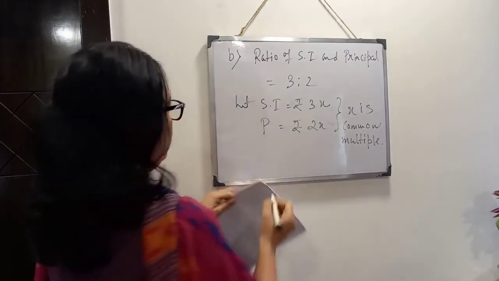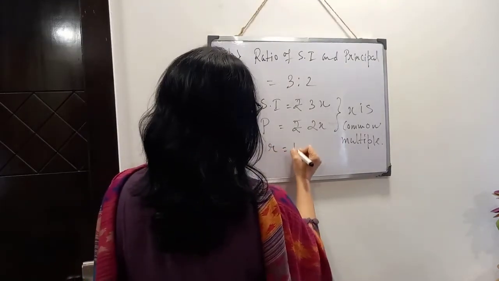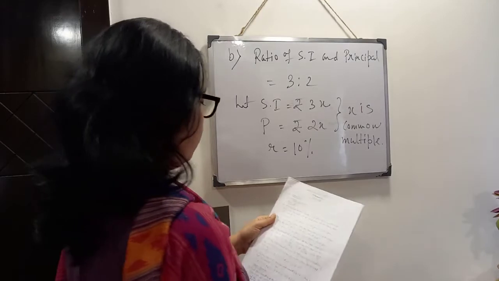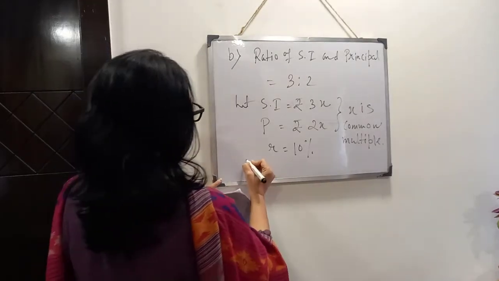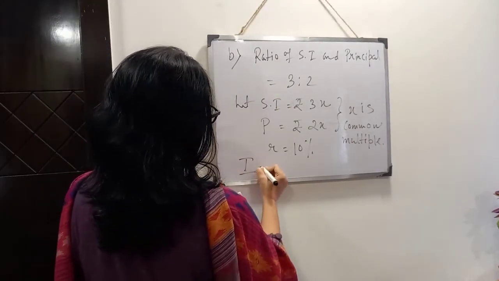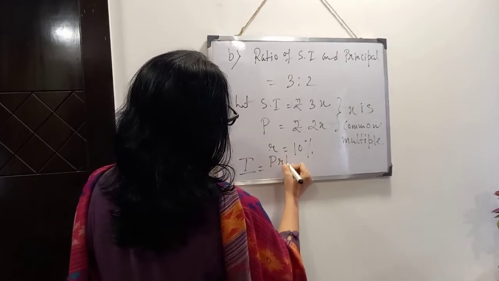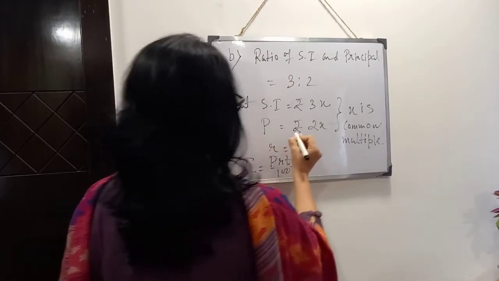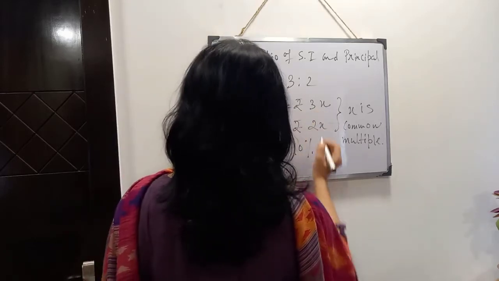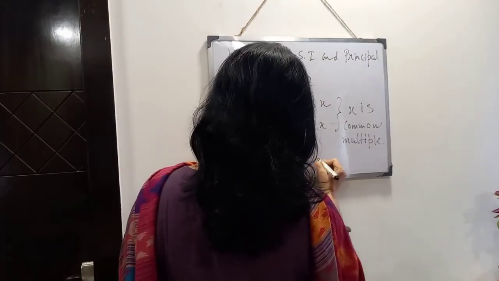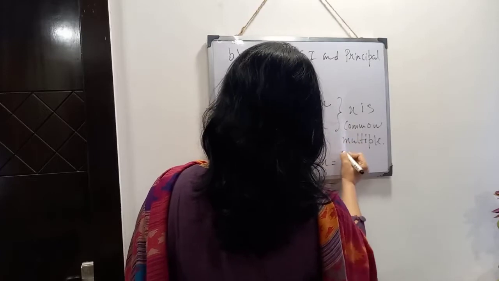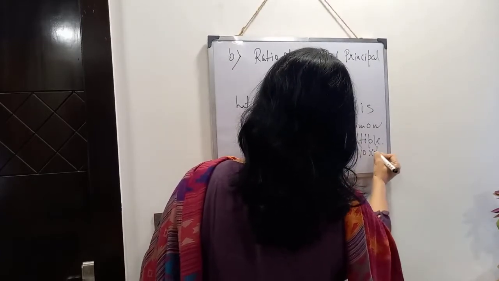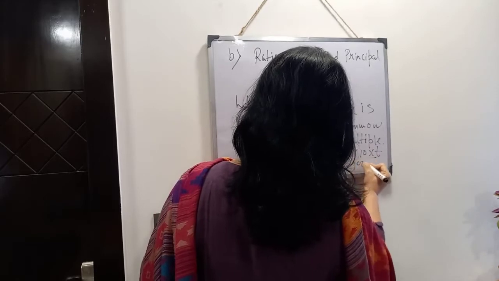And rate of interest given 10%. Clear? So same formula, T is unknown, I equals to PRT by 100. I is simple interest 3x. 3x equals to principal is 2x, R is 10, time is unknown, by 100.